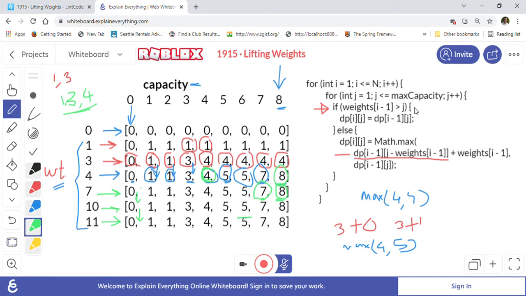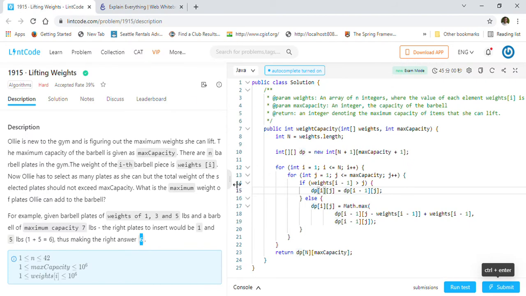So this is what our formula is here for DP, right? So we will populate all this DP matrix, and at the end whatever is coming here is our answer, which is coming as 8, right? So 8 is the maximum capacity, the weight. So let us look into the implementation part.